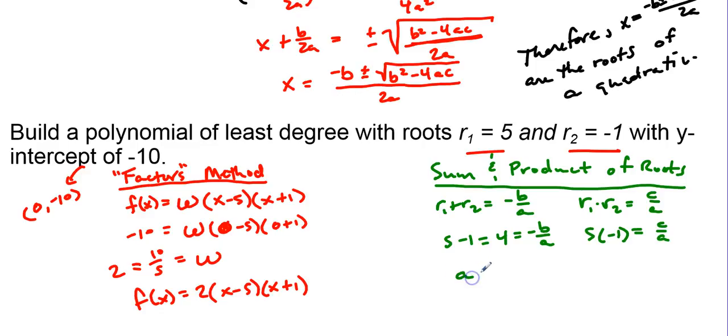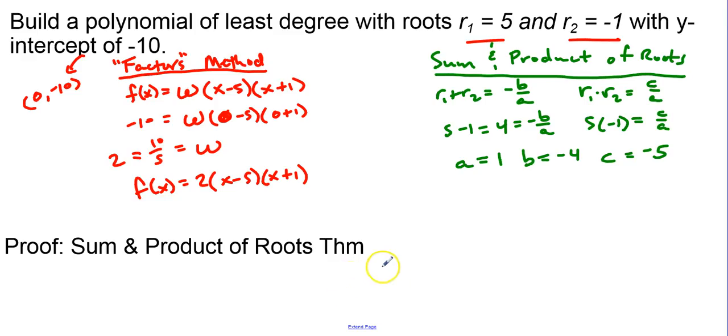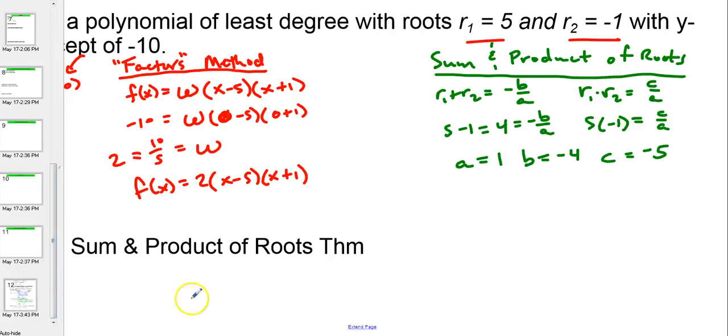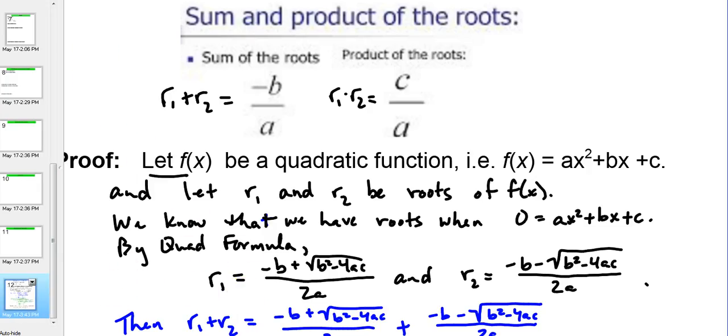From this, we would be able to tell that a is equal to 1, b is equal to negative 4, and c is equal to negative 5, and you can write your function that way. The last part of this is the proof of the sum and product of roots theorem. I'll give you a snapshot of it real fast, but I did make a video if you want to go through that. Here's the snapshot.